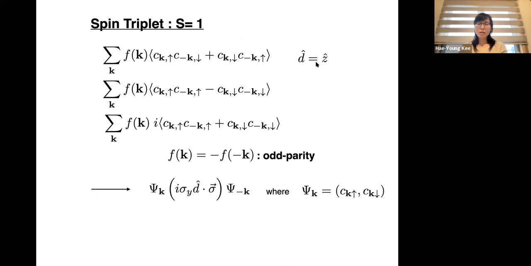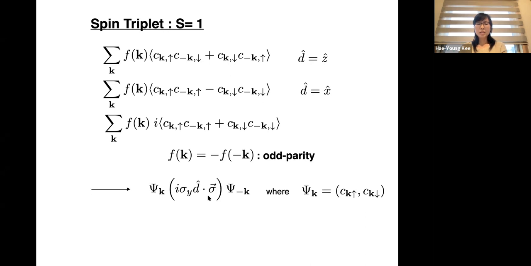So when d hat is the z direction, then you can see that d hat dot sigma will take a sigma z, and I sigma y times sigma z will be a sigma x in total, and sigma x in this 2 component vector will give us up, down, plus down, up. Now you can see that when d is along the x hat, then this will be a sigma x here.